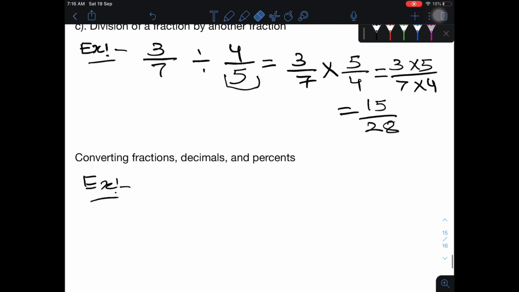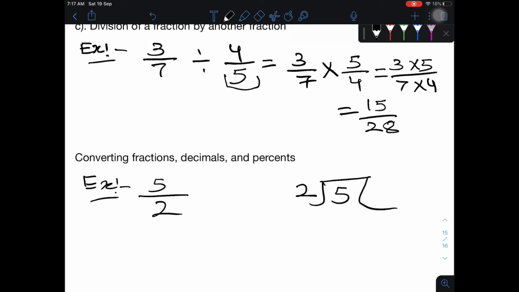Now we will perform conversion of fractions, decimals and percents. So I am taking one example: 5 by 2. Suppose we want to convert it into a decimal. To convert to a decimal, we simply perform the division.